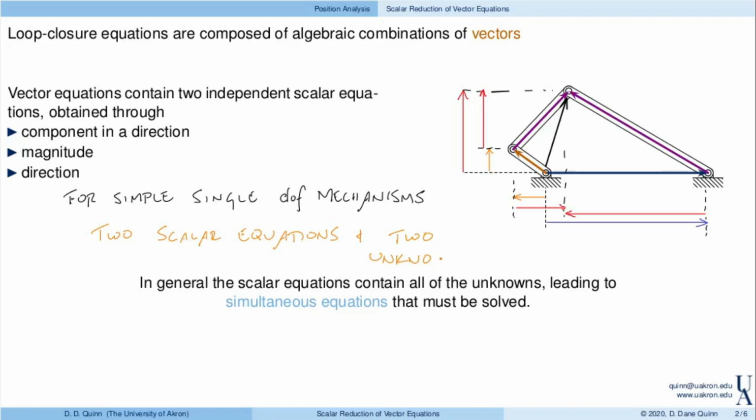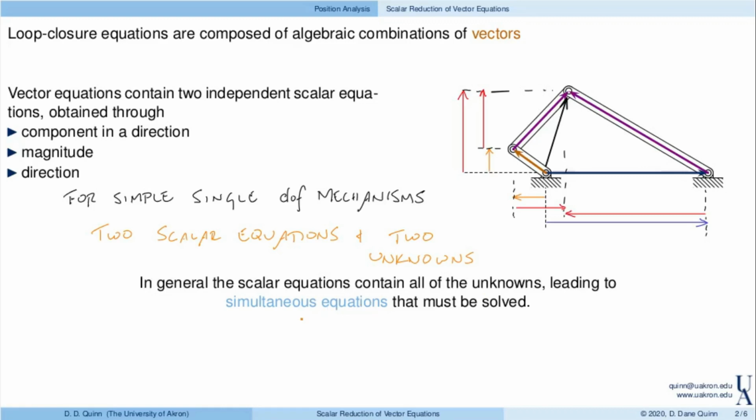So for example, in the 4-bar linkage that we've shown here, the unknowns would be the directions of these unknown connecting and output links, right? So we'd have to find the correct direction of these two links so that these components match up.